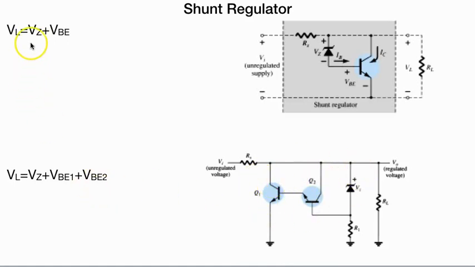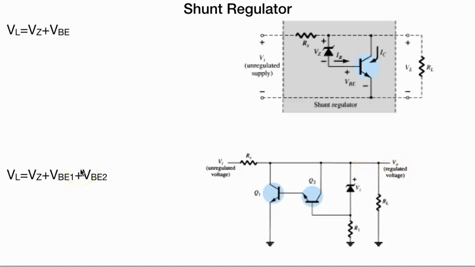Then VL is equal to Vz plus VBE, and in shunt you have the control element in parallel. Remember that control element. This is Vz, VBE, VBE2, VBE1, and VL.